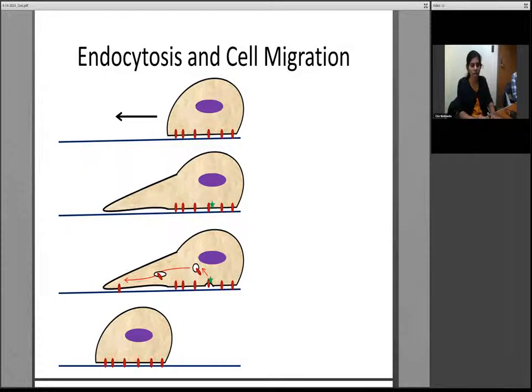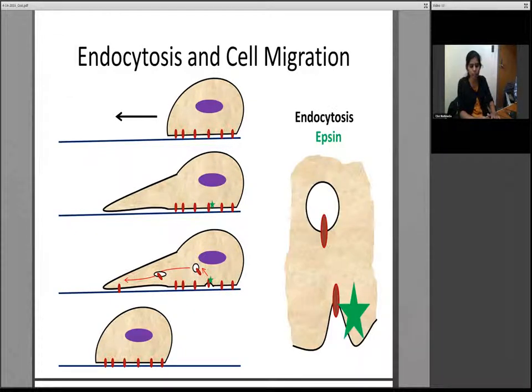So this continuously happens until the cell eventually moves to point B. Just a zoom in of the area where the protein that we're interested in studying is situated. So this is epsin, and it gets associated with the adhesion receptors, and they are basically internalized, taken into the cell, which is called endocytosis.